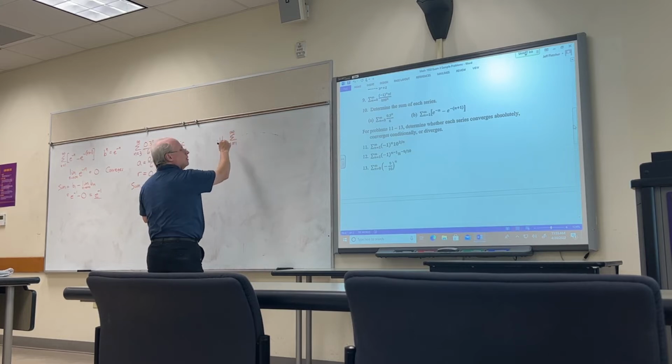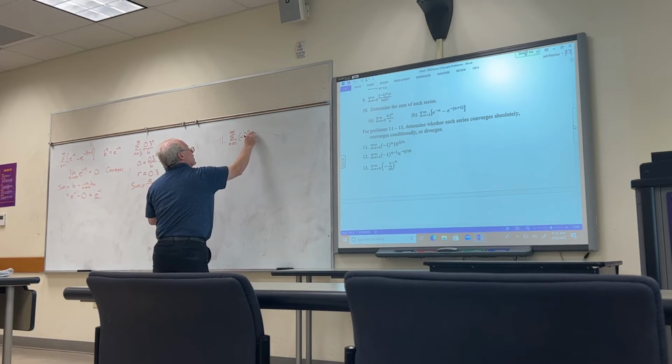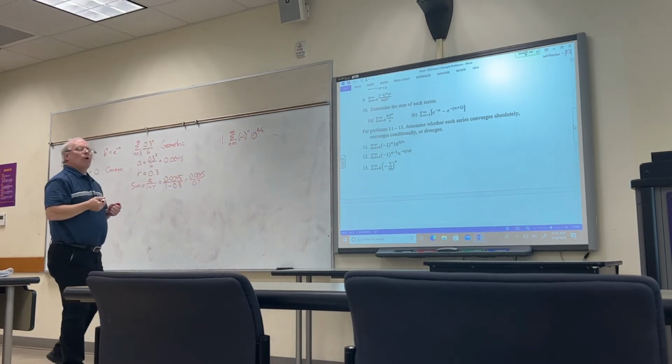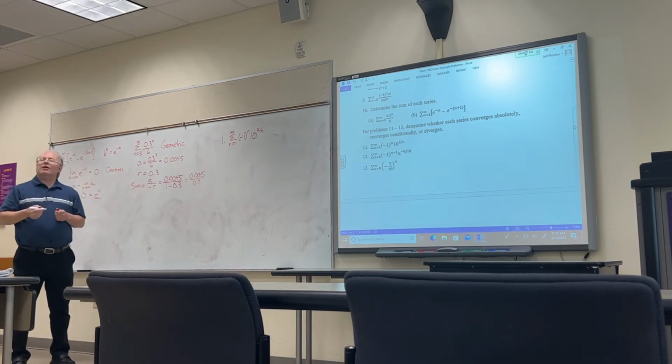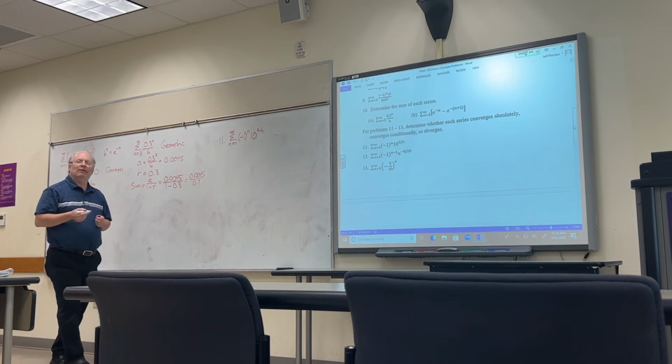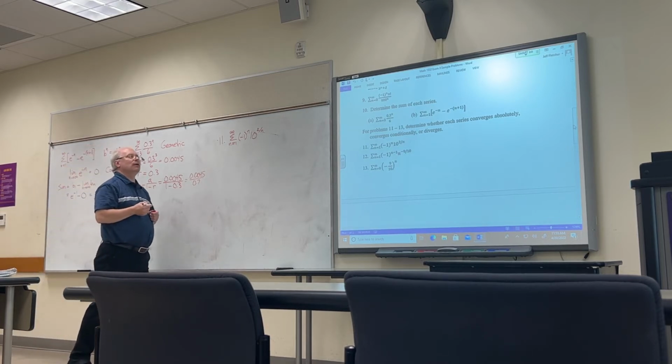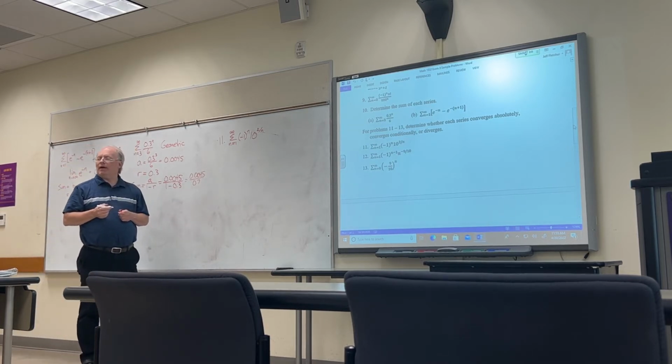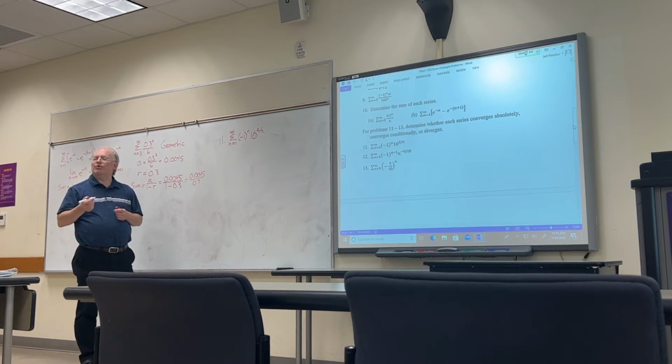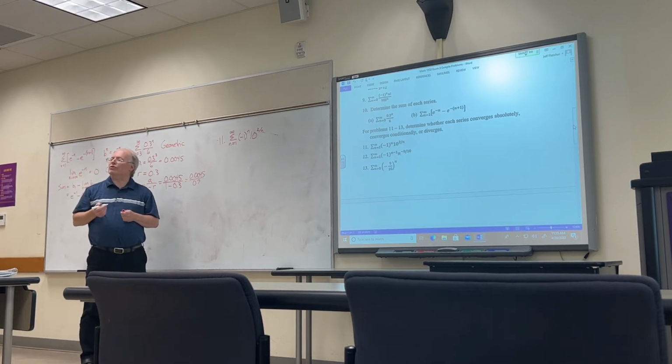We have negative 1 to the nth power times 10 to the 2 over n. Well, when we're working with an alternating series, how do we start out? How do we investigate an alternating series to see if it converges or diverges?